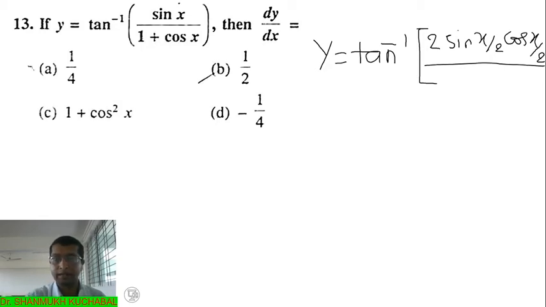This can be written as 2 cos square x by 2. So here we can cancel 2 and 2, and one cos and one cos get cancelled.